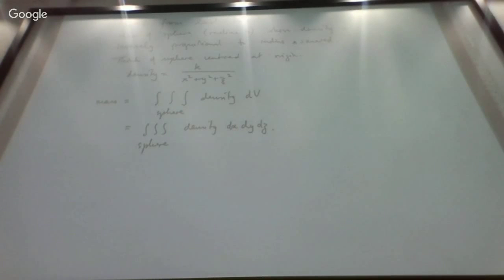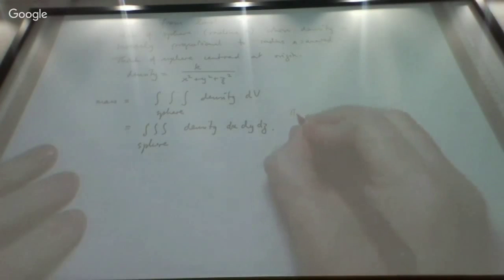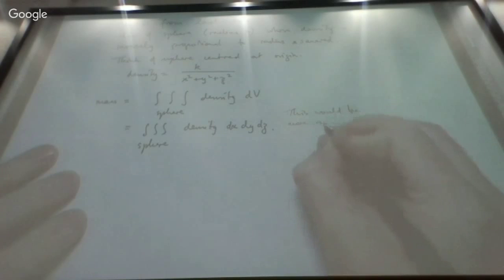Much simpler in spherical coordinates. It's just one squared variable in the denominator. Okay? So this would be more approachable, and look easier, we expect, in spherical coordinates.